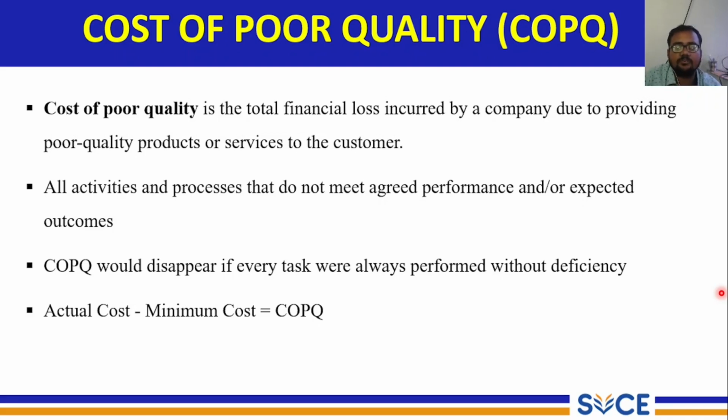So all activities and processes done to replace the tea, the time consumed, the cost involved, the work put in by the worker, all these activities and processes which do not meet the agreed performance or the expected outcomes. Here the expected outcome is an ideal tea, right? So for this, there is a cost which is spent, that is called your cost of poor quality.